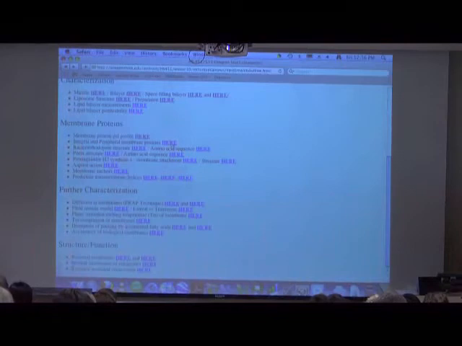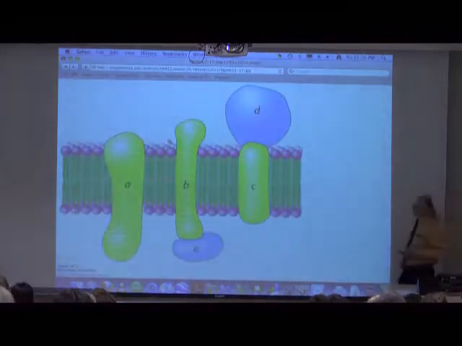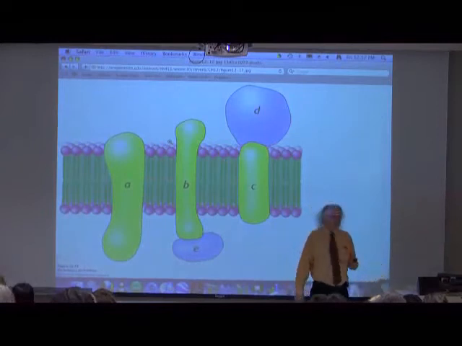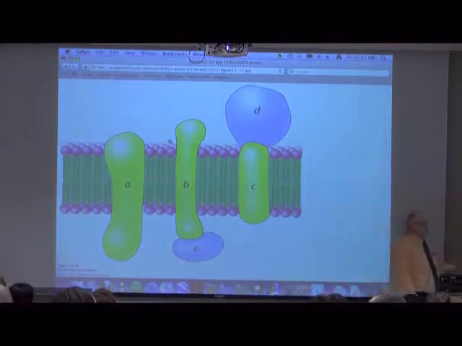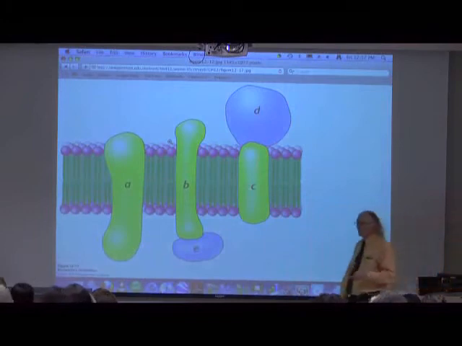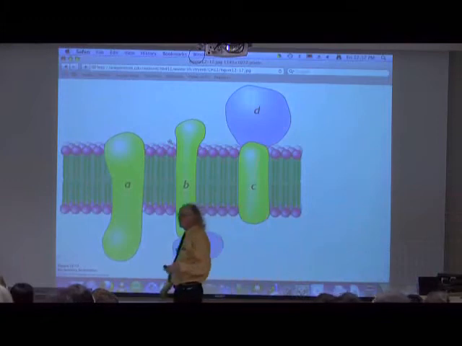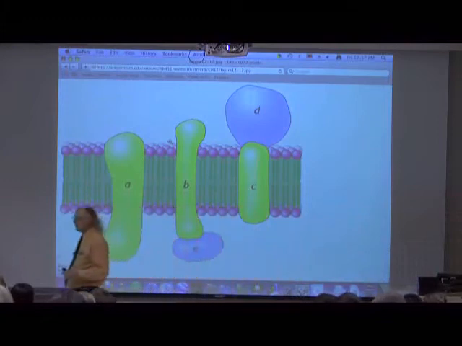Okay. Now, here is a schematic representation of a membrane with some proteins in it. And I have a little different way of naming the proteins than your book does, and so I'll remind you of what my designation is. A is a protein that is what your book and I agree on. That one is called an integral membrane protein.